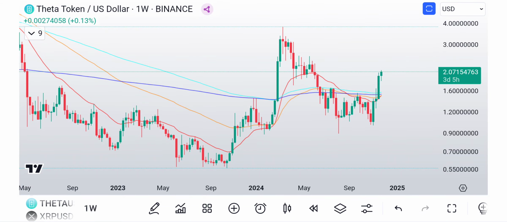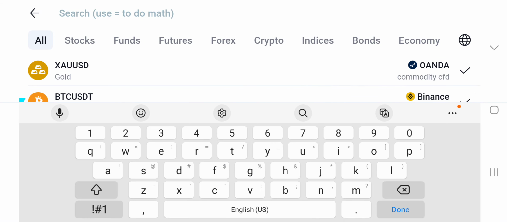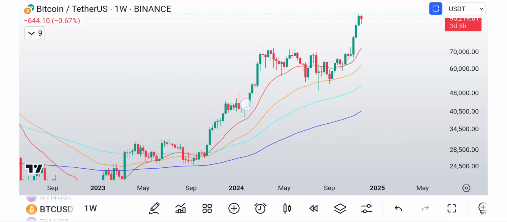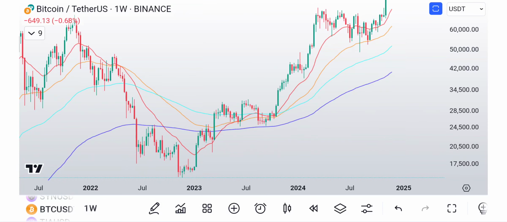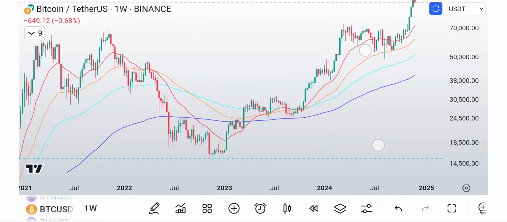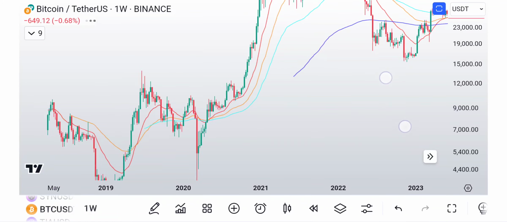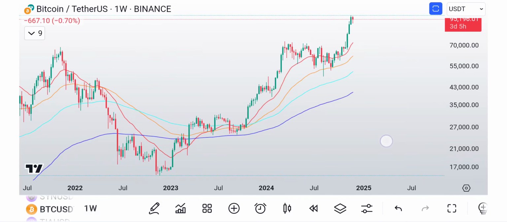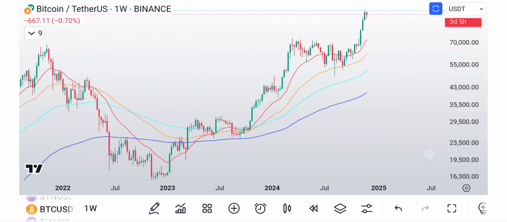So I think a better example, real quick, would be Bitcoin here. Okay, this is a perfect example of Consensio. Yeah, we can see the price making a low, right? You can see the moving averages falling down, right?